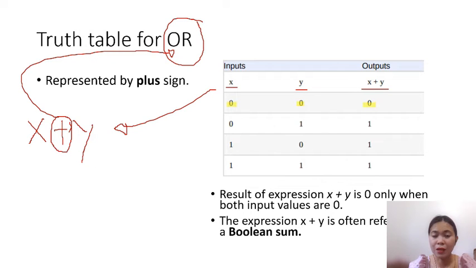Based on the rule, that is the output. And in addition to that, the expression x or y is often referred to as the Boolean sum. So the AND operator is referred to as Boolean product, while the OR operator is referred to as Boolean sum. So that's the second operator.